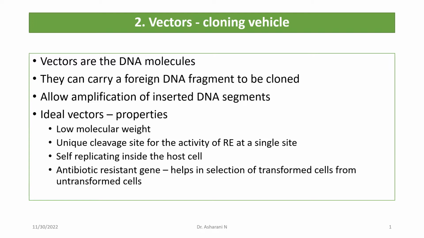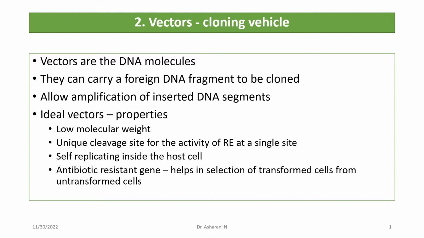Coming to the features of an ideal vector, it should be a low molecular weight DNA and it should have a unique cleavage site for the activity of restriction endonuclease. They should have self-replicating property when introduced into the host cell, and also they should possess an antibiotic resistant gene.